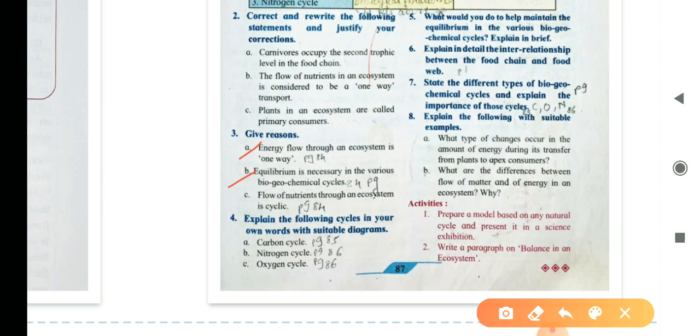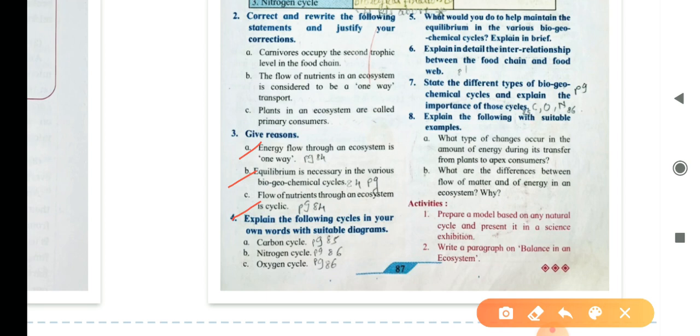Third one, flow of nutrients through an ecosystem is cyclic. All organisms need nutrients for their growth. All the nutrients, carbon, oxygen, nitrogen, iron, calcium, etc., are circulated and recycled from the biosphere to the living organisms and after their death back to the biosphere.